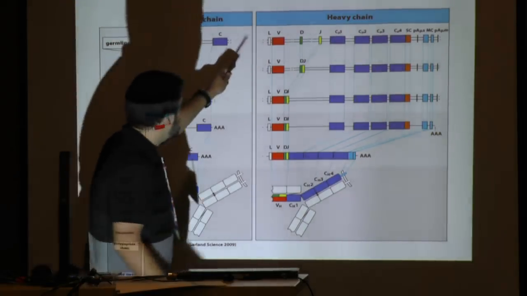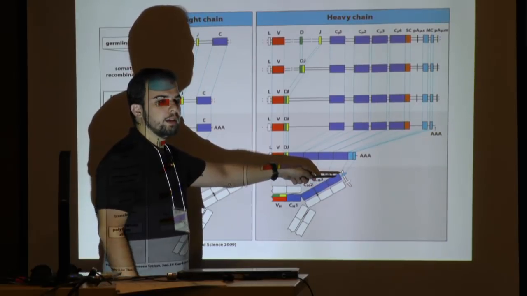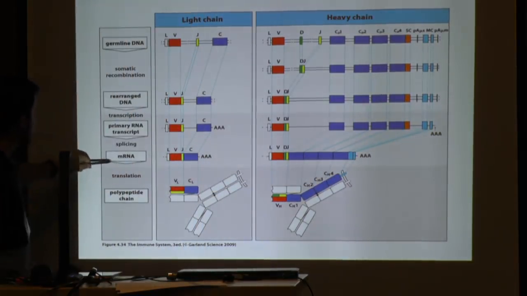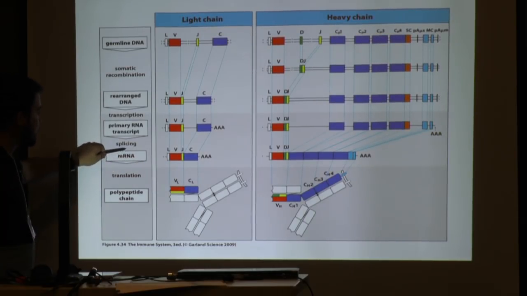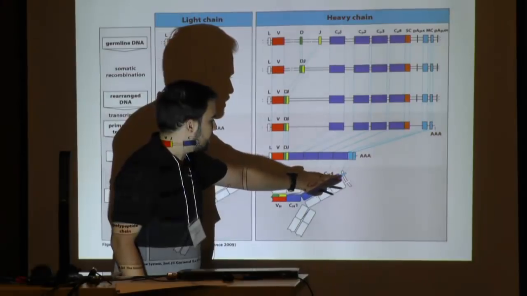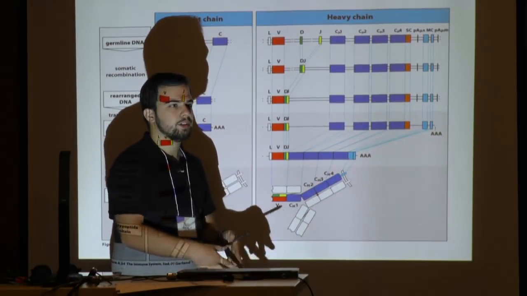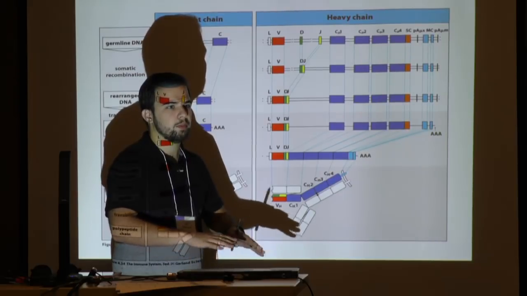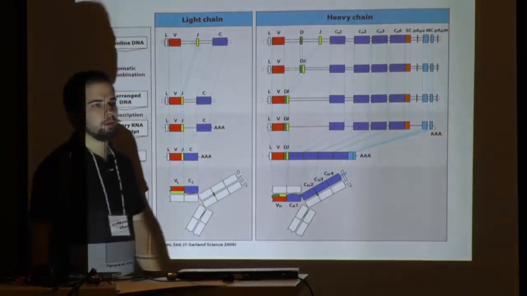So the heavy chain is the one that binds to the surface of your B cell, right? So during the mRNA sequence, where you do the splicing, you can actually select whether to leave the bottom part that attaches to the cell membrane of the B cell, or take it away and make it a secreted mRNA.